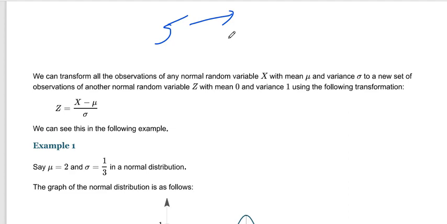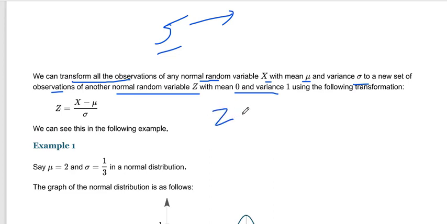So we transfer all the observations or outcomes of any normal random variable x with mean mu and variance sigma squared to a new set of observations of another normal random variable z with mean 0 and variance 1. So we have simplified it.